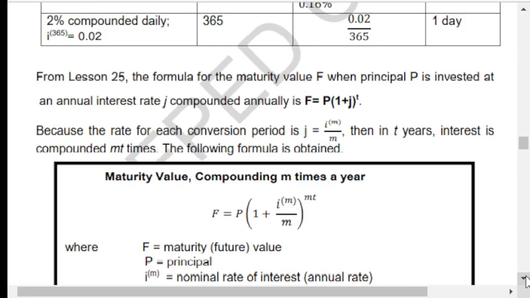That is, your rate is divided over the number of conversion periods, then in t years, the rest is compounded mt times.